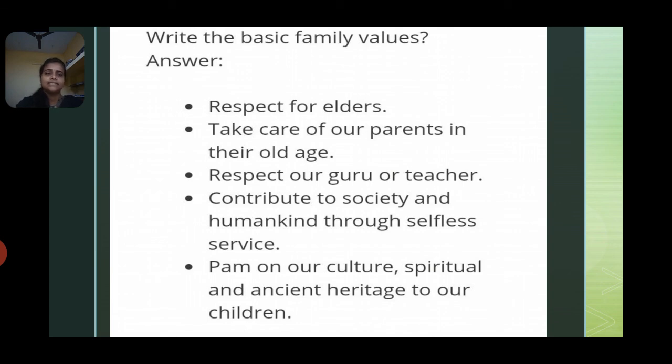Pass on our culture, spiritual and ancient heritage to our children. Yes, you should continue that.